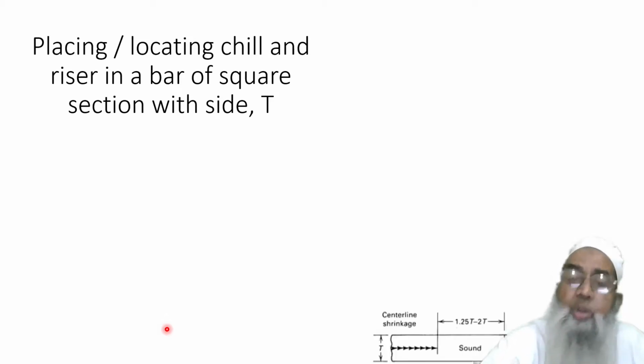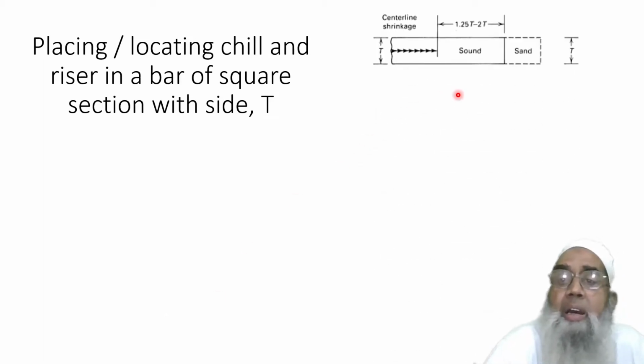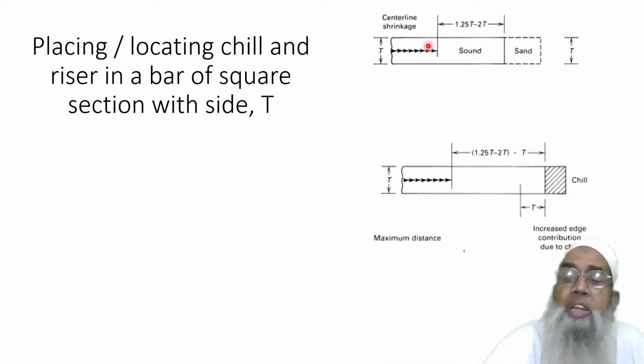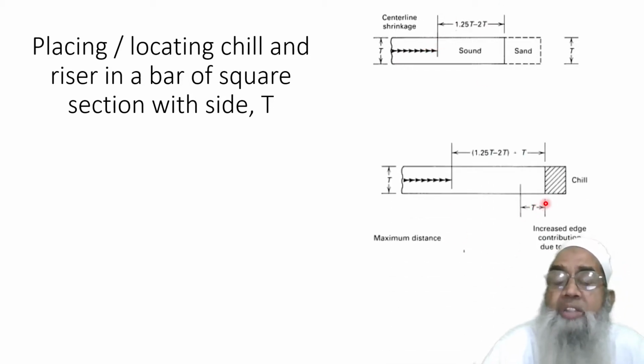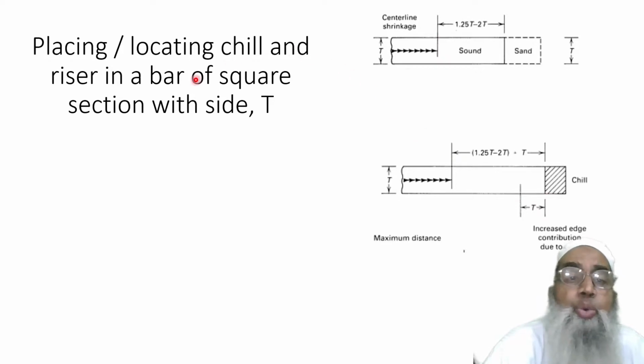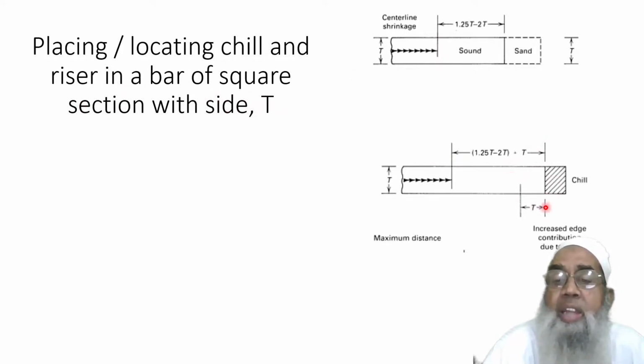Similarly, if we look into the bar, if it is sand casting, surrounding is sand, and therefore it will have, as we have seen earlier, 1.25 T2, and further it will have a centerline shrinkage. Now, if we are having a chill, then for a square section bar with side T, we will see that this much has been enhanced due to this chill.